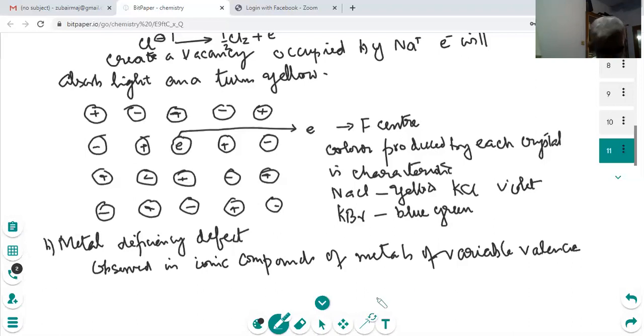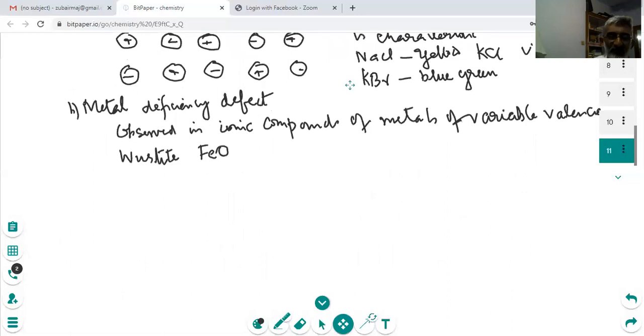Now see here, the moment you think about that, the first element which will come to your mind will be iron. So iron oxide crystals, which is known as wustite, FeO.